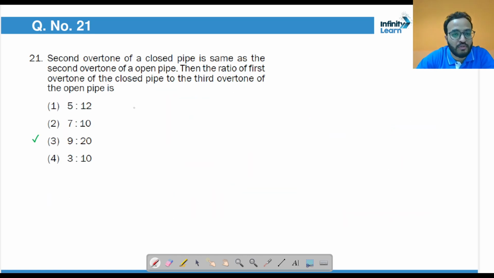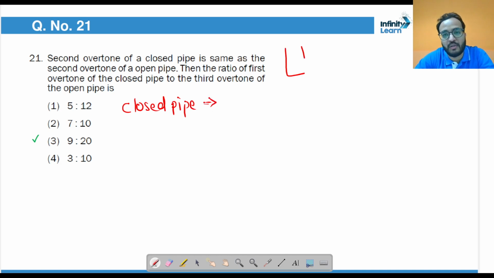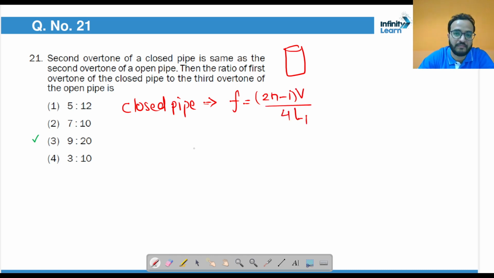Second overtone of a closed pipe. See, second overtone. First of all, we will write down the formula. For a closed pipe, what are the formulae? For a closed pipe, the formulae are frequency is equals to 2n minus 1 v upon 4l1, right?